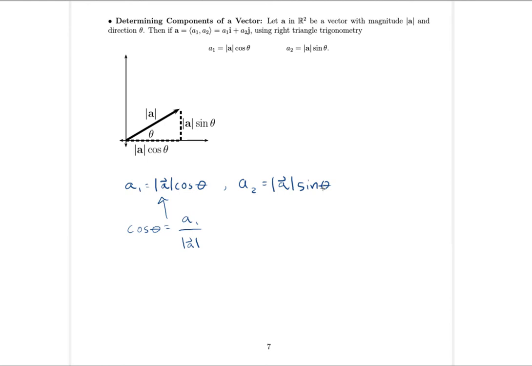And then the last thing that I forgot to put on here, so definitely make some space for this, is that if you divide these two equations by each other, then A2 over A1 is equal to this divided by this, right?